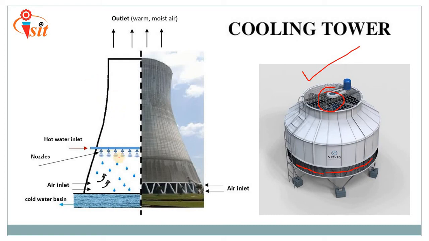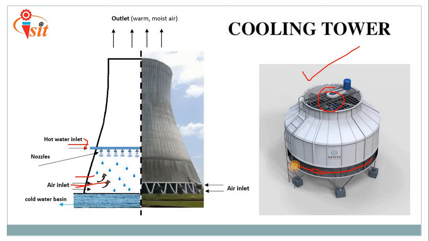In order to get better heat transfer, when the hot water from the condenser comes in through this particular area, it is continuously sprinkled. Because of that sprinkling action, better heat transfer takes place, and simultaneously the air from this particular area comes inside and is responsible for cooling the water.